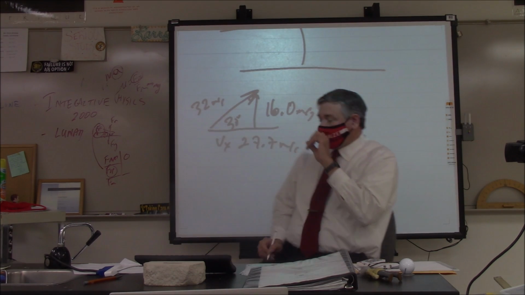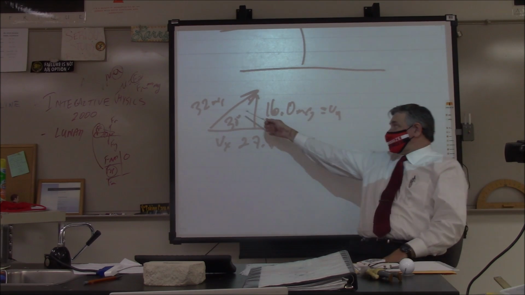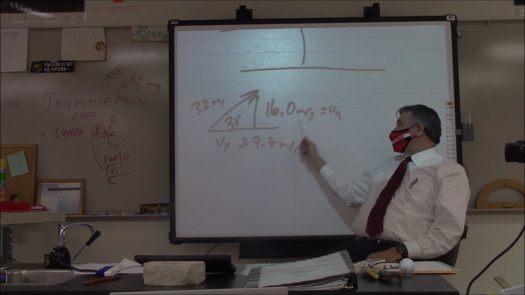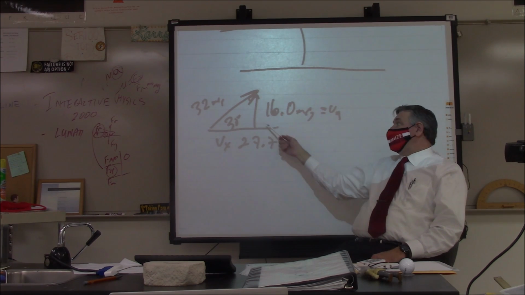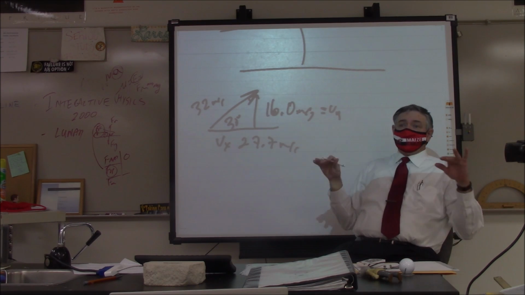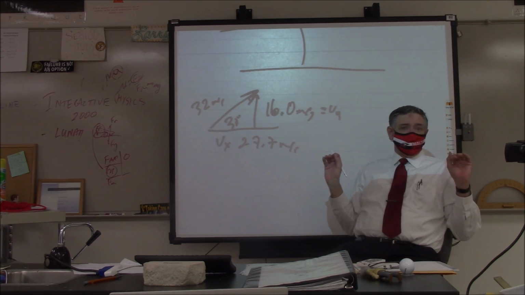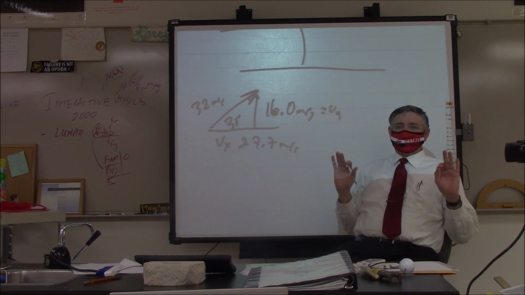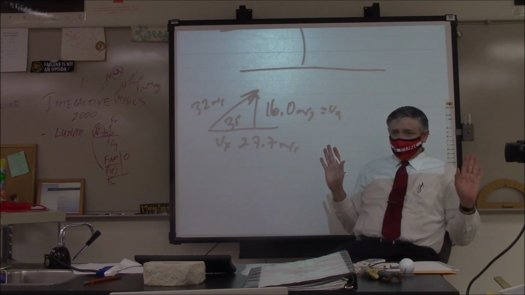Now, after you use that launch velocity to find these Vx and Vy, never speak of that 32 meters per second again. It is dead to you. Don't use it again, ever, okay? Don't speak of it.